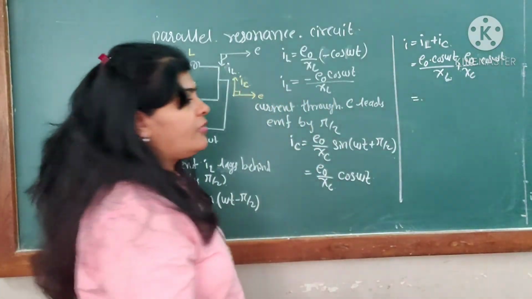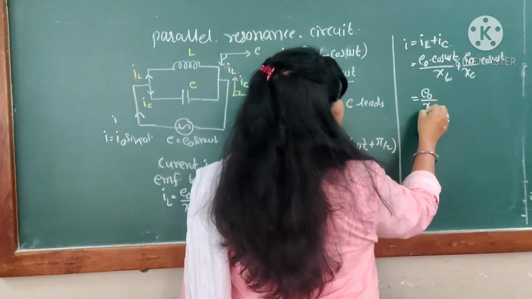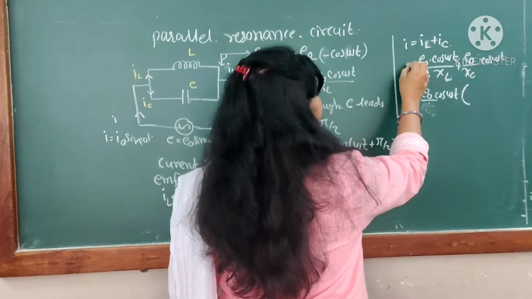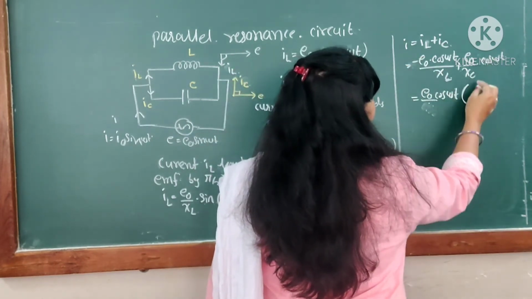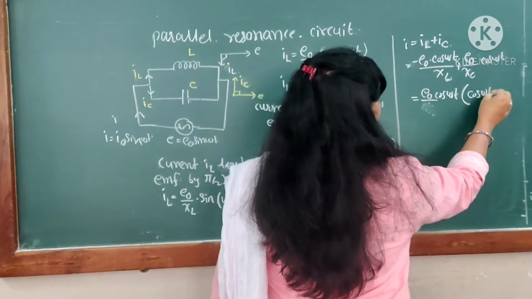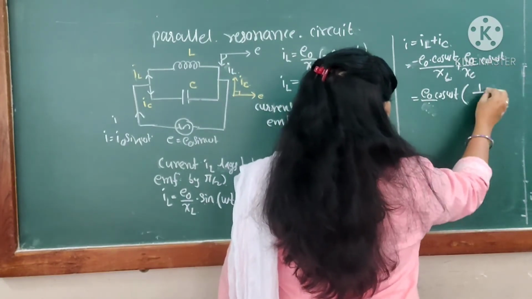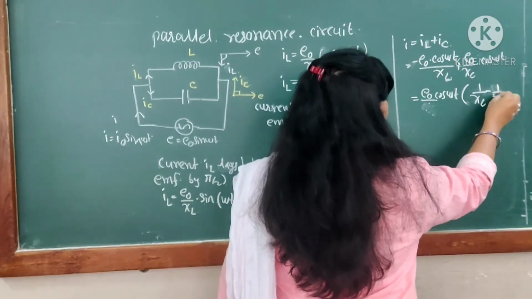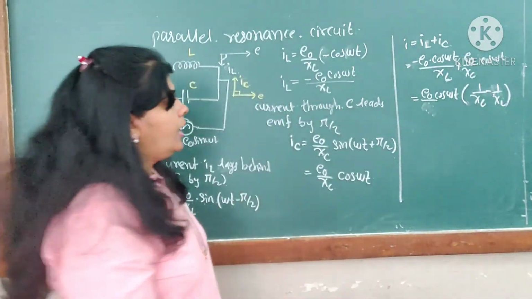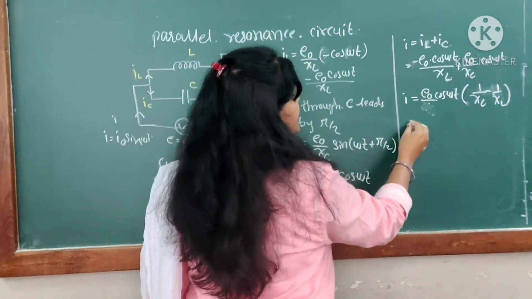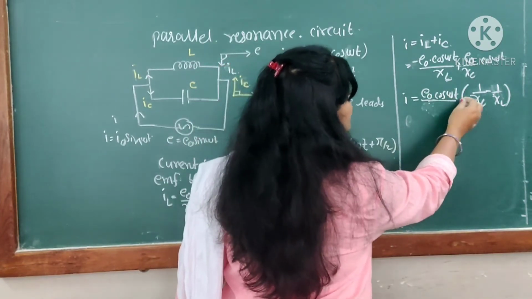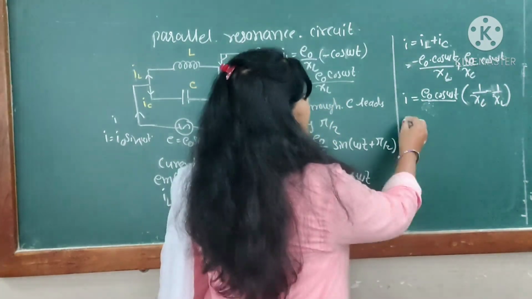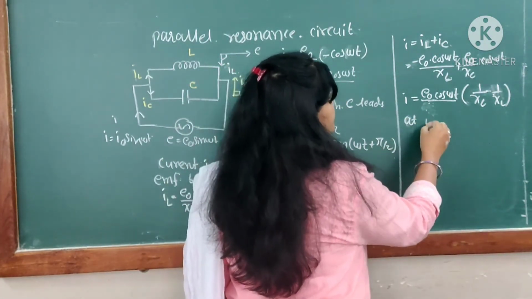Taking E naught cos omega t common, inside the bracket it becomes 1 upon XC minus 1 upon XL. So I is equal to E naught cos omega t into the bracket 1 upon XC minus 1 upon XL.